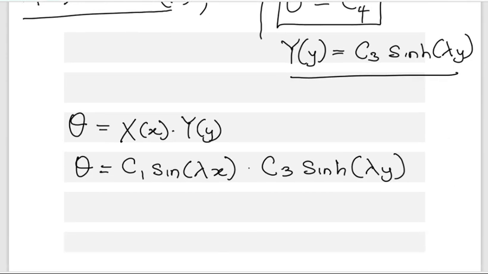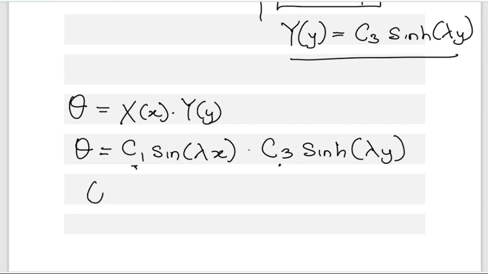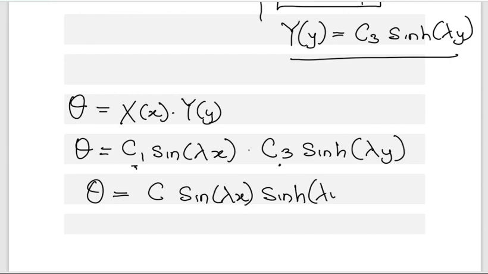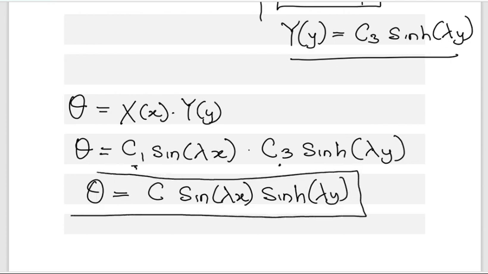But since this is a constant and that is a constant, we can just call it c. So this is simply equal to c sine lambda x hyperbolic sine of lambda y. And that is the solution to our problem. We found our theta for this problem using these boundary conditions.